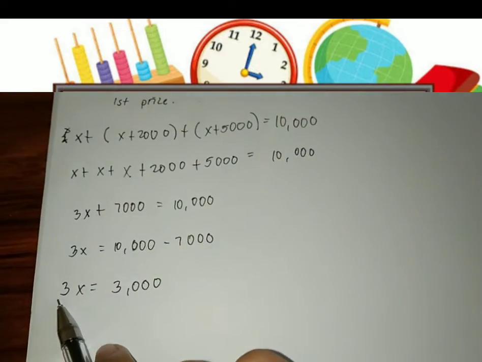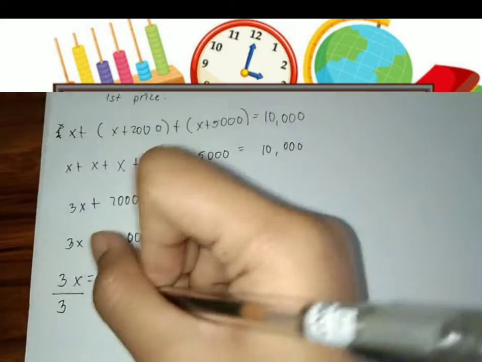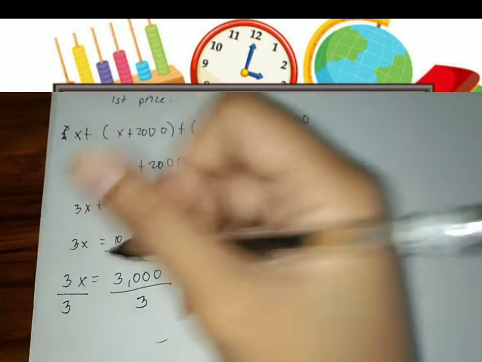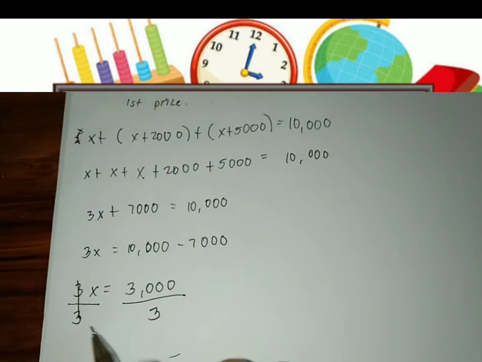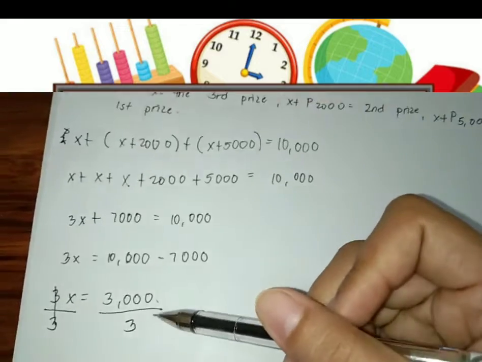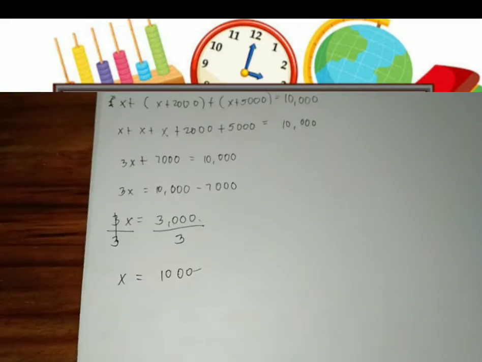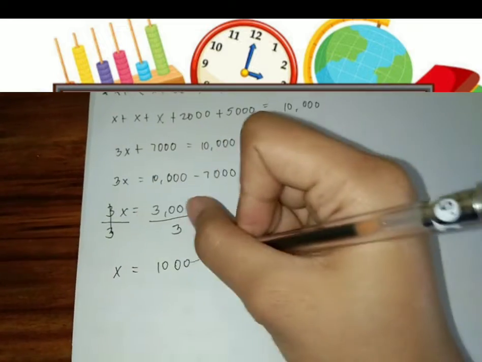Now we divide both sides by 3. We cross out the 3, and we have x equal to 3,000 divided by 3, which is 1,000. So our x is 1,000, and this is our third prize.